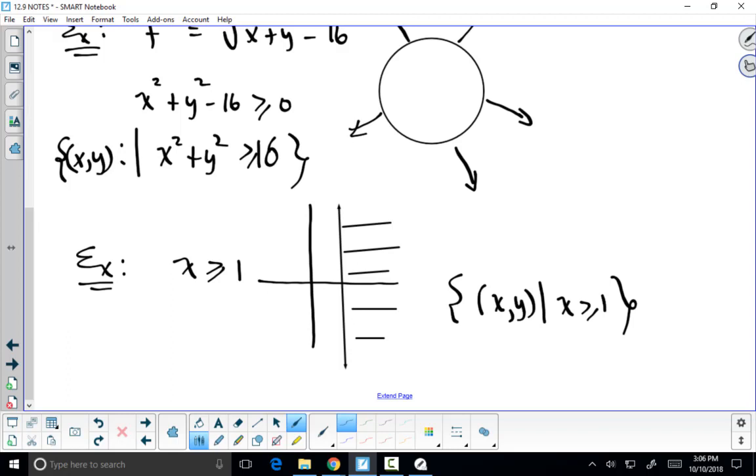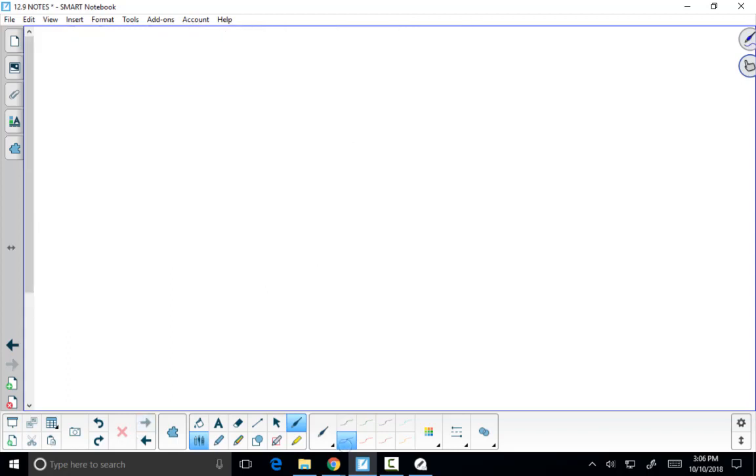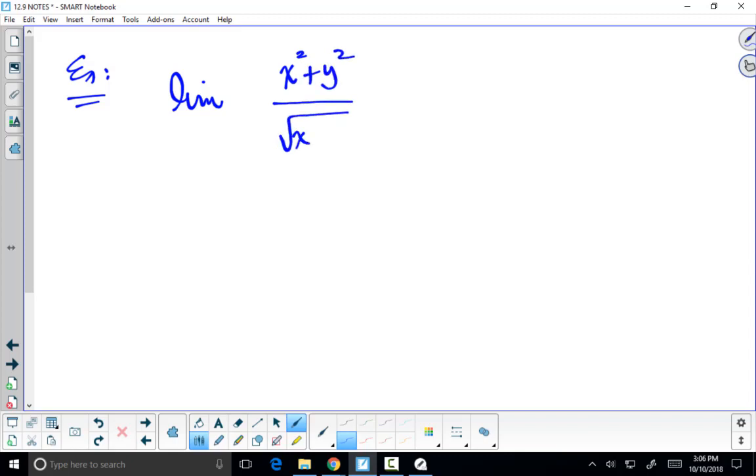Polar coordinates, so there very likely could be a problem where you deal with polar coordinates. Trying to find the limit of something, if there's x squareds and y squareds in there, like an x and y on the top and this on the bottom, that's pretty typical.